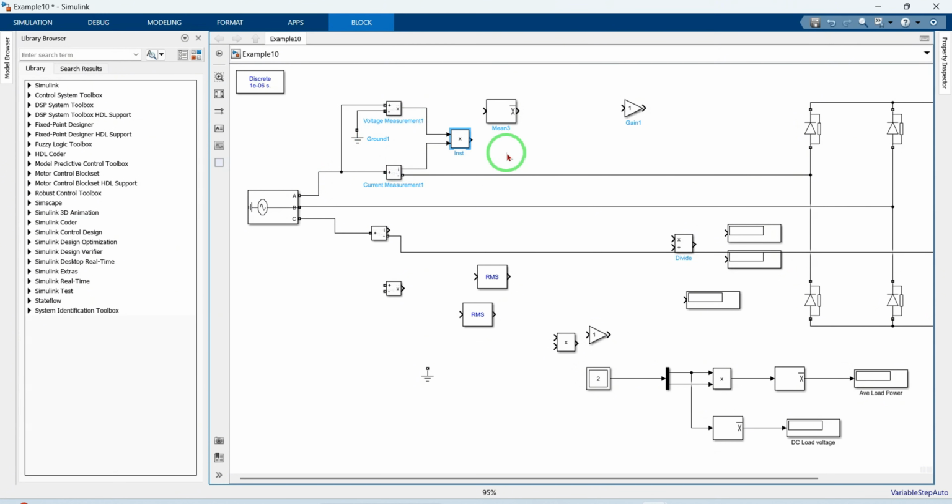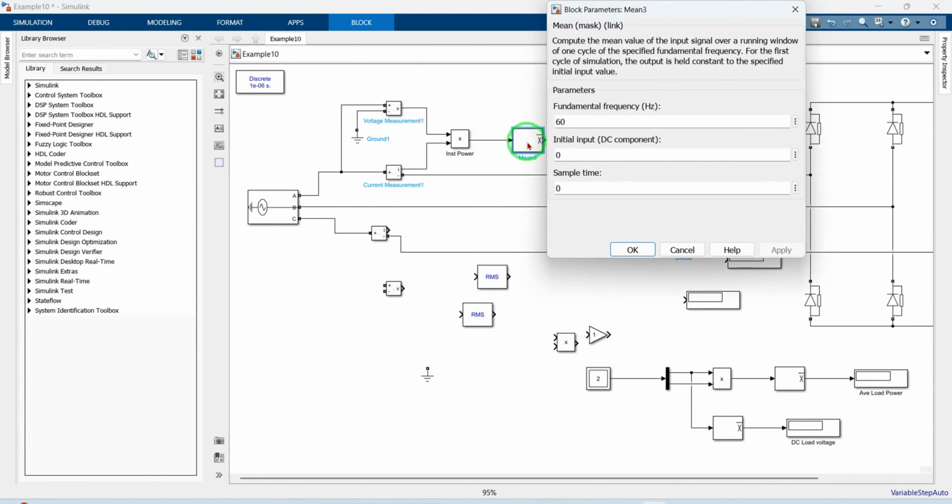Multiply the phase current and voltage using a product block to get instantaneous power. Then connect a mean block.